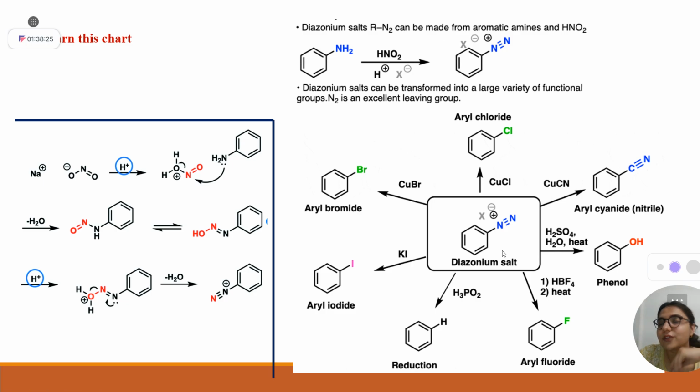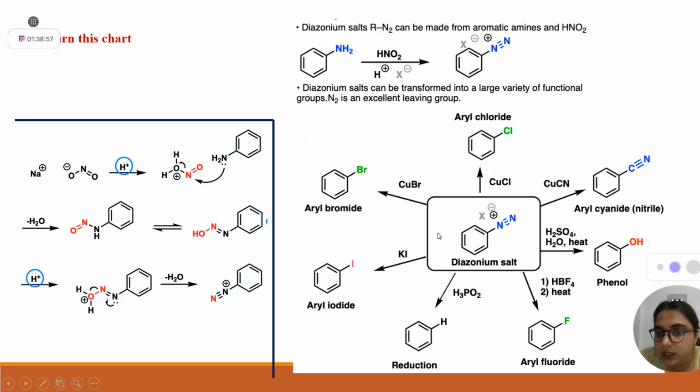What we used to do: we are given benzene, then we nitrate it with HNO3/H2SO4, then we do reduction and we get aniline. And when we do NaNO2 in presence of HCl, it gives us HNO2, and you will get benzene diazonium chloride. Yes or no?